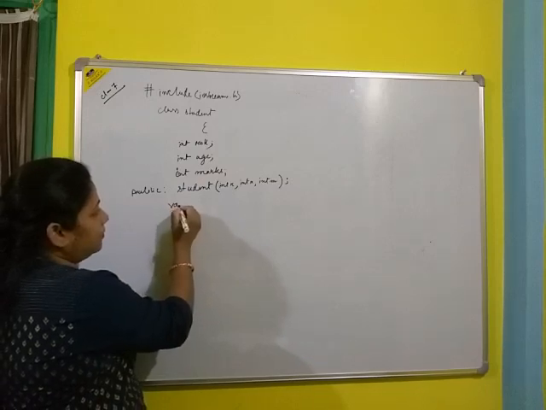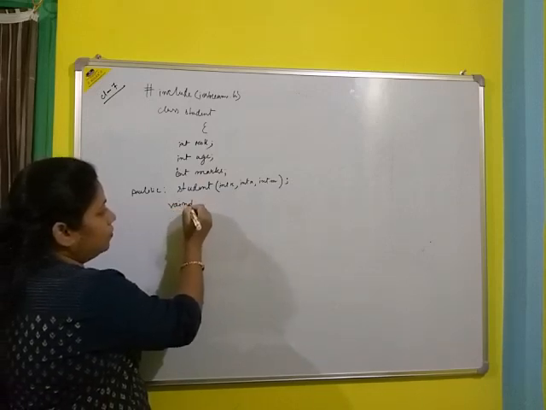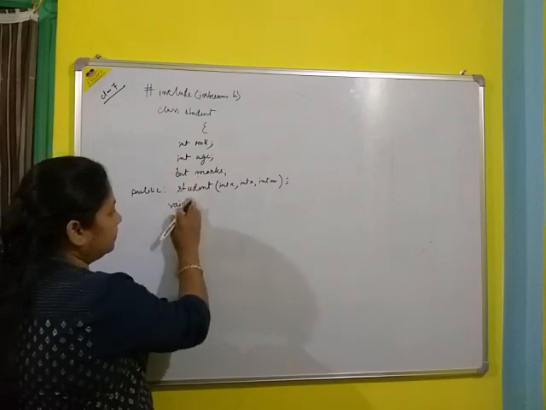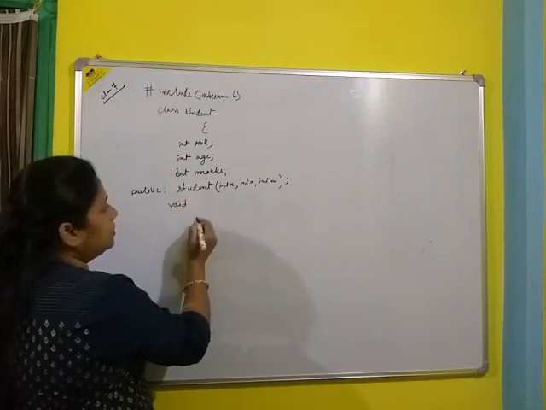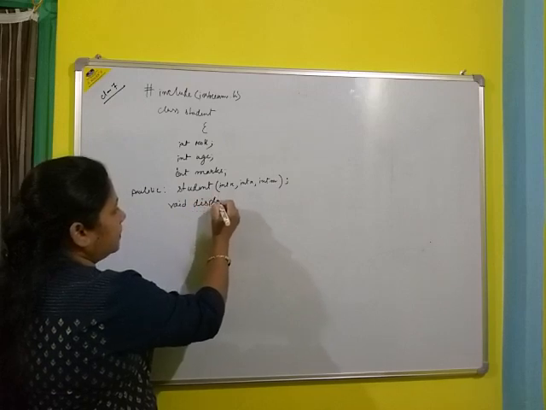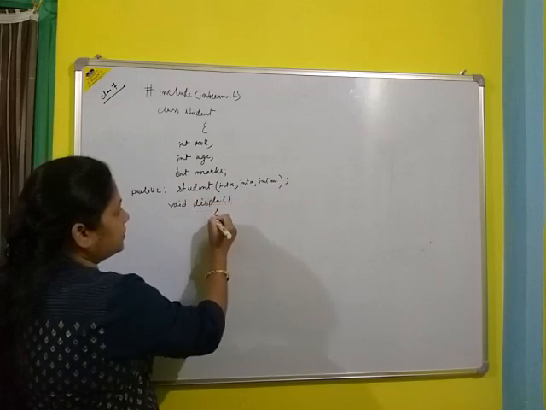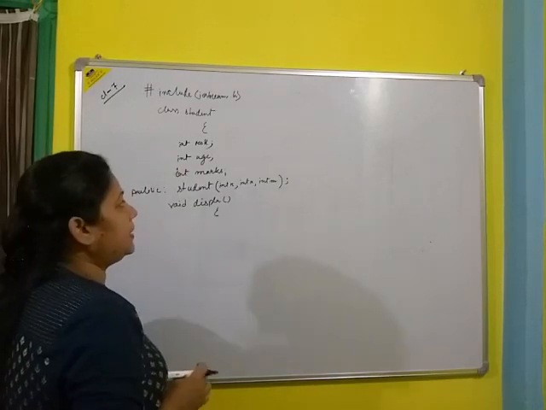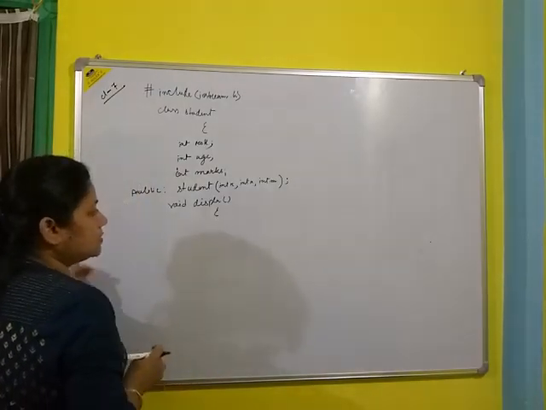Now again I am going to declare one more member function, that is display. Display is a function that is going to display the roll number, age and marks of the student class.